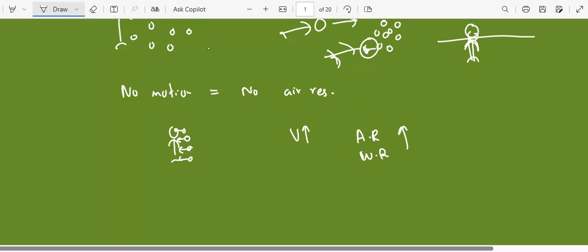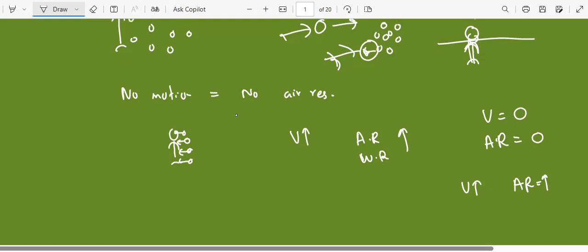Right. So if you are not moving, if the speed is zero, the air resistance acting on your body will be zero, right? But if you start to speed up, then there will be air resistance acting, and that air resistance is also increasing, right?